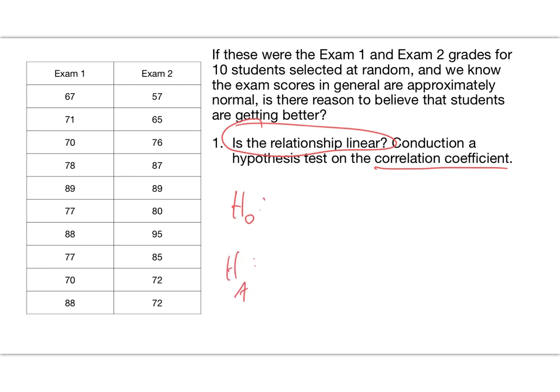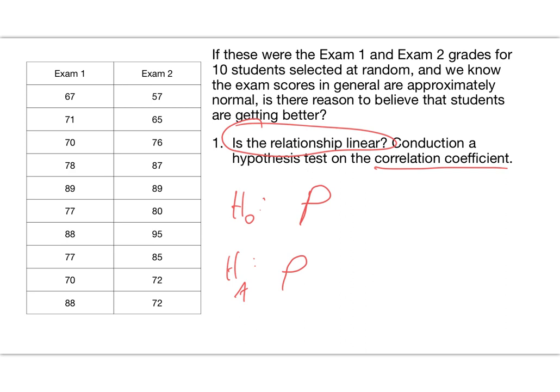My hypotheses for the correlation coefficient. So again, the correlation coefficient, the letter that we use for that is R. So for Greek letters, we choose the letter rho. It's not a P. It's like this. That's a better looking one.